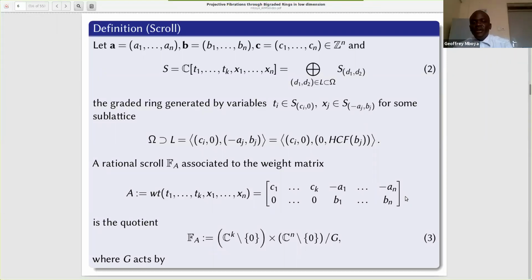This sublattice is generated by just (ci, 0) and (minus aj, bj).